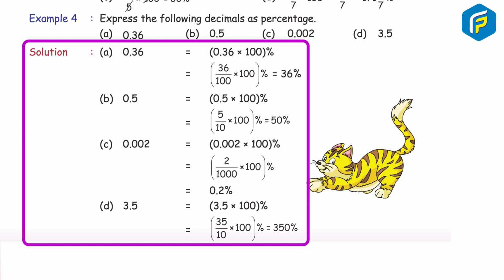B 0.5 is equal to 0.5 into 100%. 5 upon 10 into 100% is equal to 50%. C 0.002 into 100%. 2 upon 1000 into 100% is equal to 0.2%. D 3.5 into 100%. 35 upon 10 into 100% is equal to 350%.